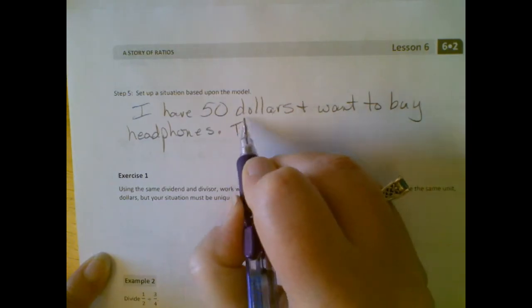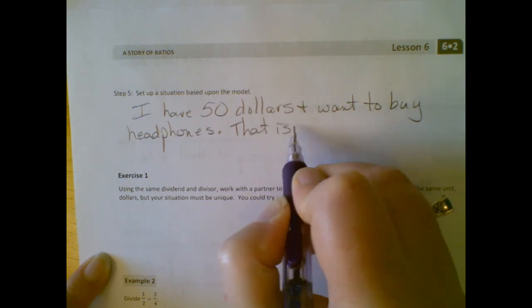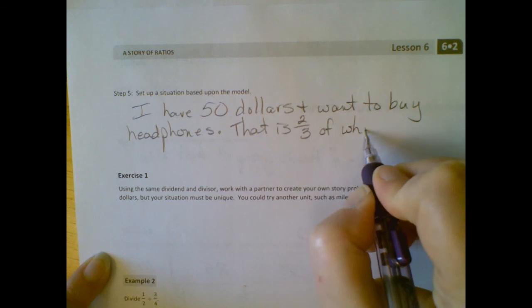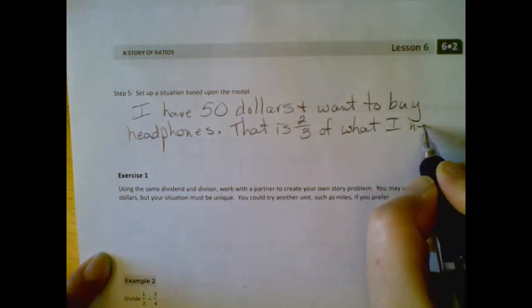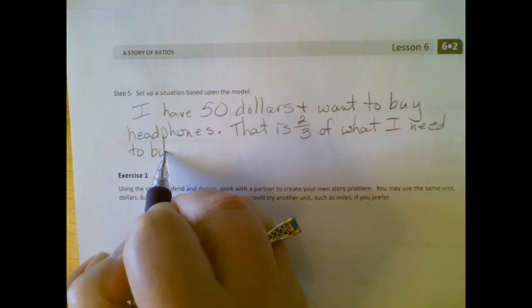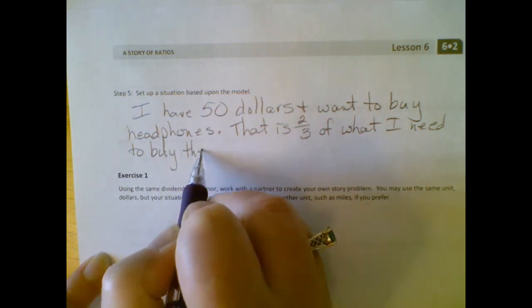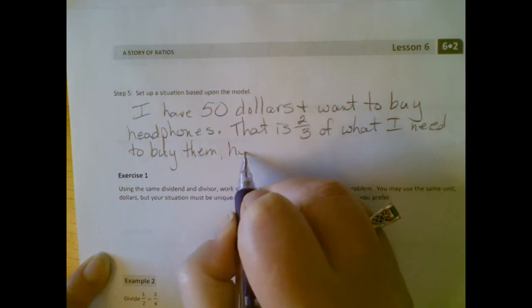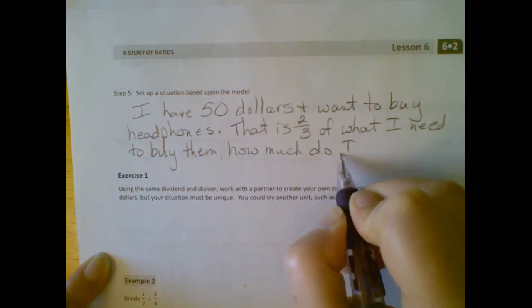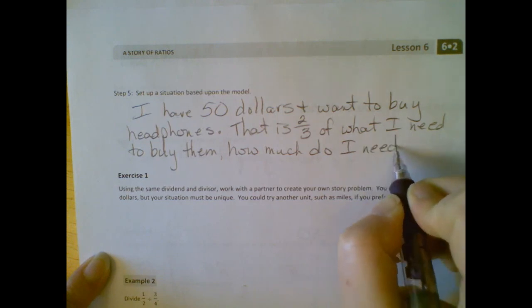That is 2/3 of what I need to buy them. How much do I need?